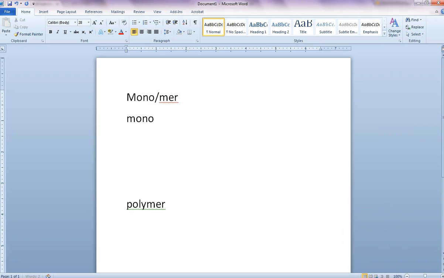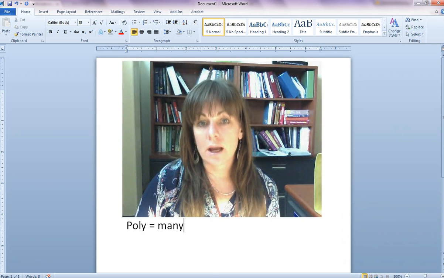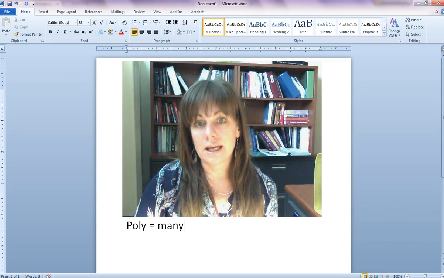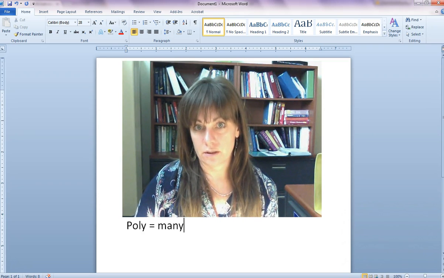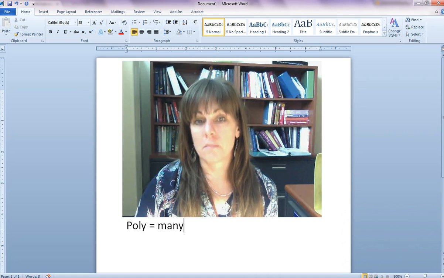And mono is going to equal 1, okay? So monomer has something to do with 1. And then let's break apart this word, polymer. Well, poly equals many, okay? So monomers, polymers, 1, many.